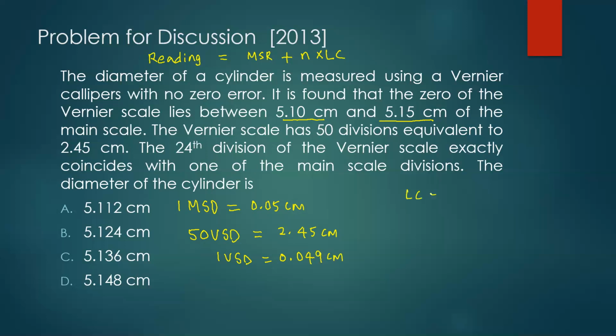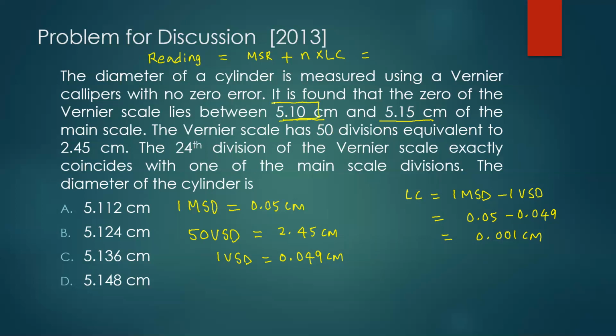So least count is 1 MSD minus 1 VSD. So 0.05 minus 0.049 would give us 0.001 centimeters. Once we have this, we can just substitute here. Now again, what will be the main scale reading? Because the zero of the vernier is between 5.10 and 5.15, you're sure of this reading.